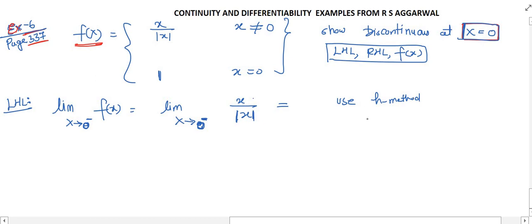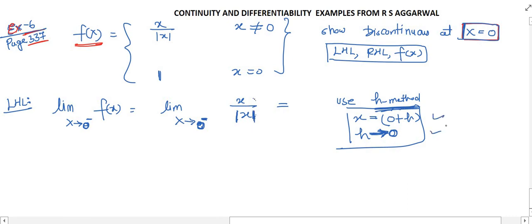In H method, what do we do? We put x is replaced by 0 plus h, and limit is changed for h is tending to 0. I have explained this in class 11th also, how to calculate limit using H method. So here we cannot solve the question just by putting 0, because it has numerator and denominator parts and it has modulus. So we will use H method.